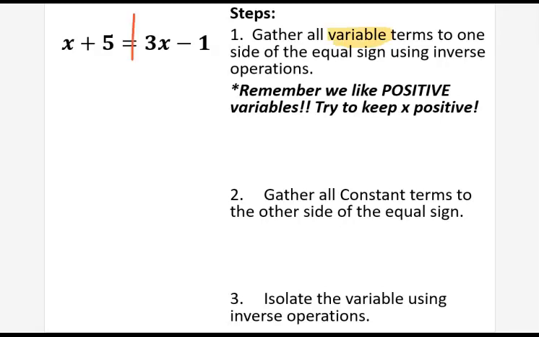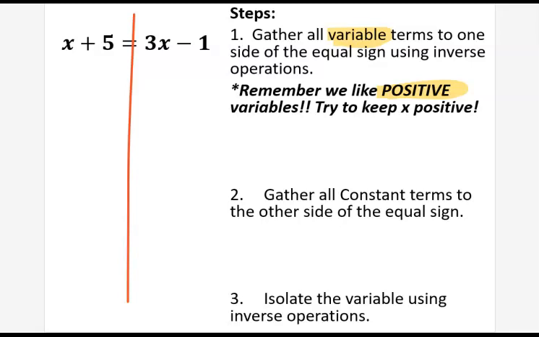So we like to draw that line down the middle like it was on our previous slide, but that one was done with color to show our two sides. I am going to move my variable terms to just one of those sides. I can move them to either side, but remember that we like to have positive variables. So if you can keep your variable a positive number, that's probably the right way to go.